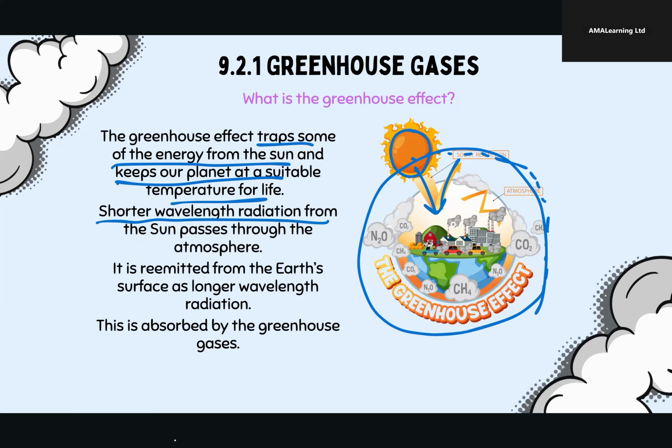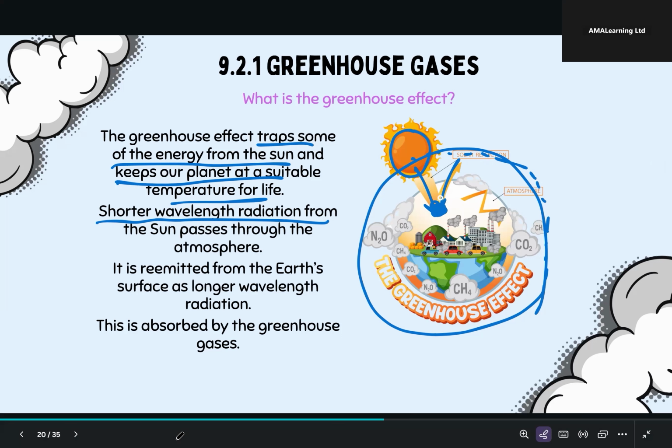For example, shorter wavelengths are visible, UV, X-ray, gamma. Usually it comes in the form of rays to some extent, although UV rays are absorbed by the ozone layer. It can also come as visible light. That visible light is absorbed by the Earth's surface. When it's reflected back, it's reflected as a longer wavelength.